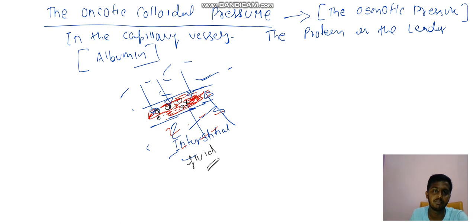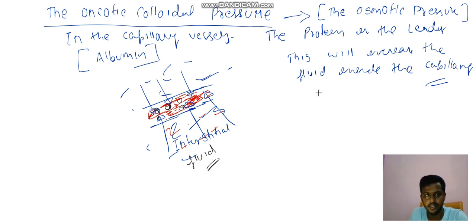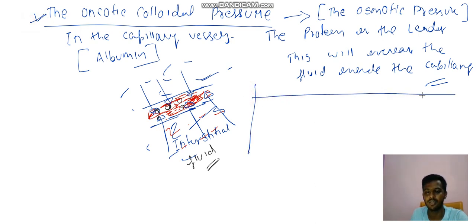This will increase the fluid inside the capillary or the blood vessels. Okay, so this is the oncotic pressure, and always remember oncotic pressure is always opposite of hydrostatic pressure.